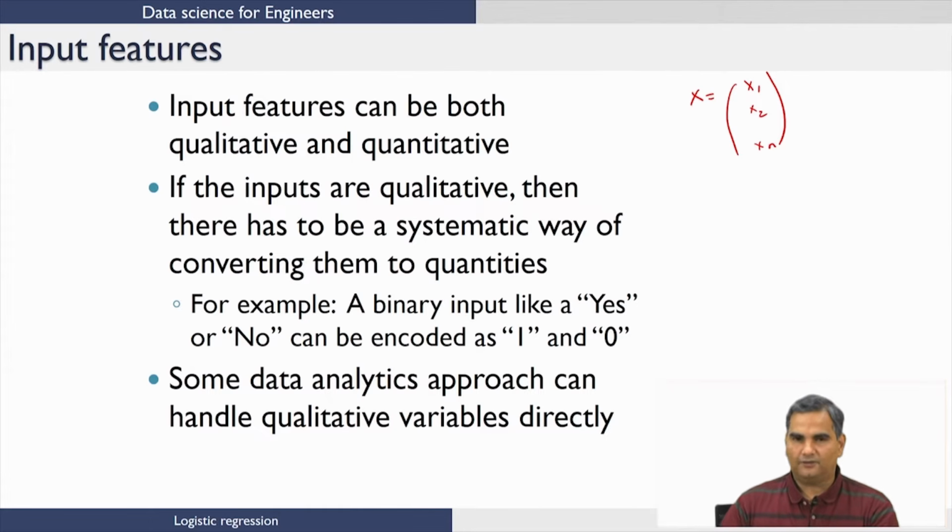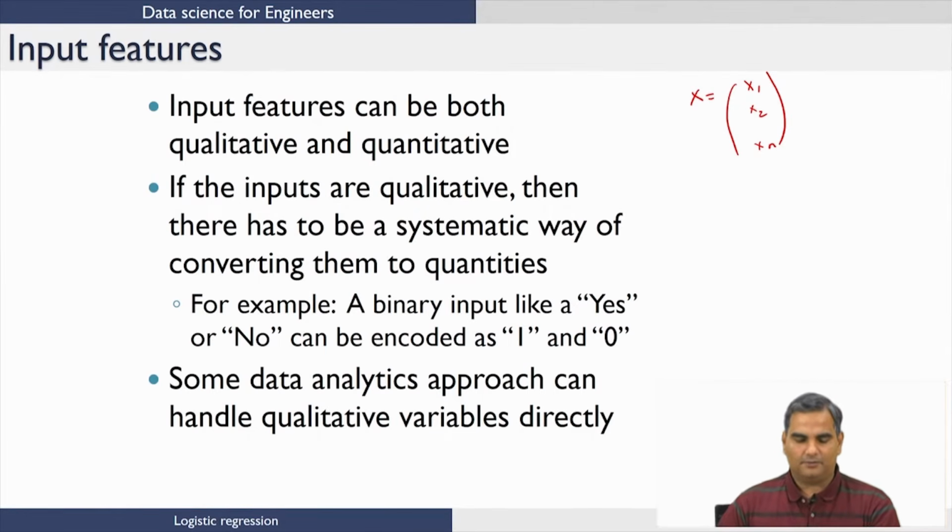Now, quantitative features can be used as they are. However, if we are going to use a quantitative technique, but we want to use input features which are qualitative, then we should have some way of converting these qualitative features into quantitative values.